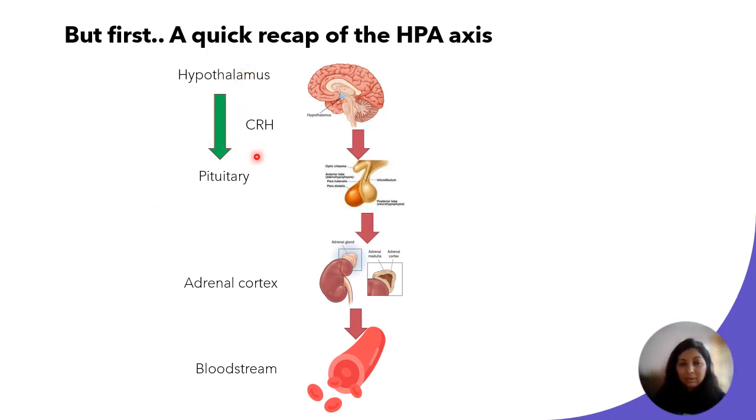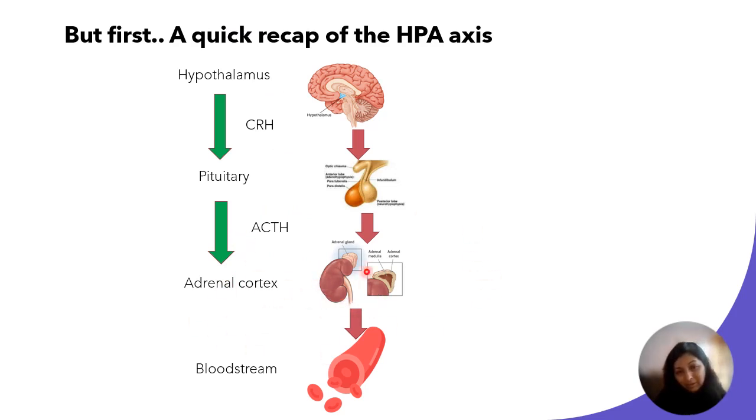And how the hypothalamus talks to pituitary in relation to cortisol synthesis is through releasing CRH, or corticotrophin releasing hormone. And then the pituitary, under the stimulation of CRH, releases ACTH, adrenocorticotropic hormone, which will then travel via your bloodstream to reach the adrenal cortex.